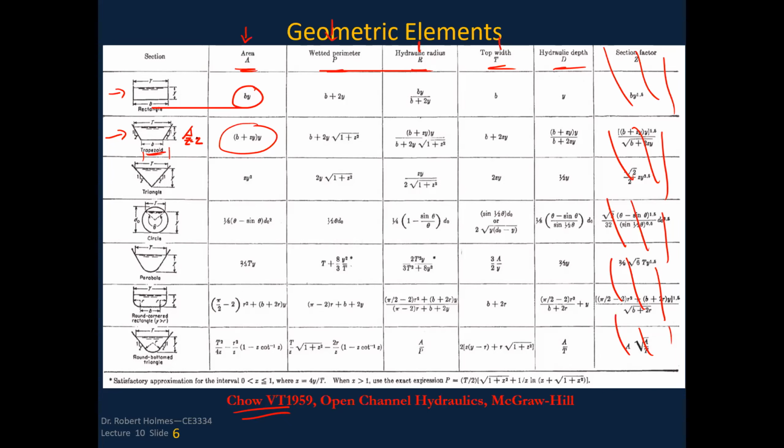That'd be very steep, but 2-to-1 side slopes are 2 horizontal for every 1 vertical. So the Z here, you can see that for area, we've got B plus Z Y, and then times the Y. That's the area equation for a trapezoid.